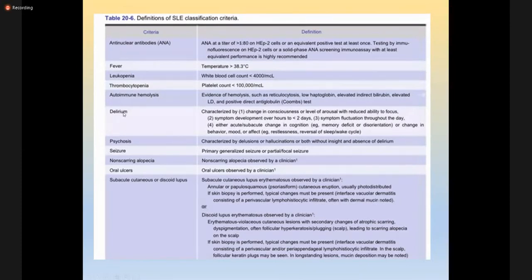Delirium is one of the manifestations as a part of the central nervous system.